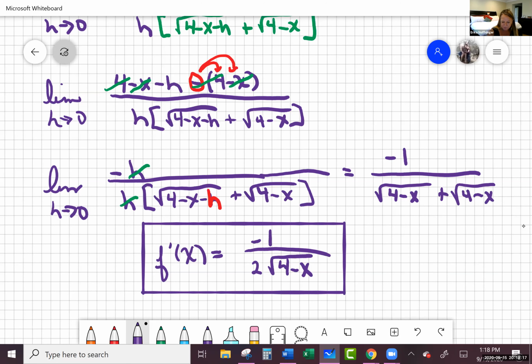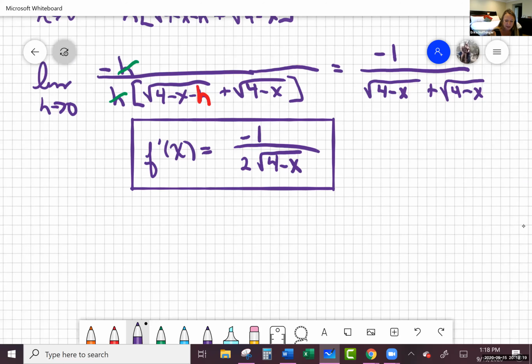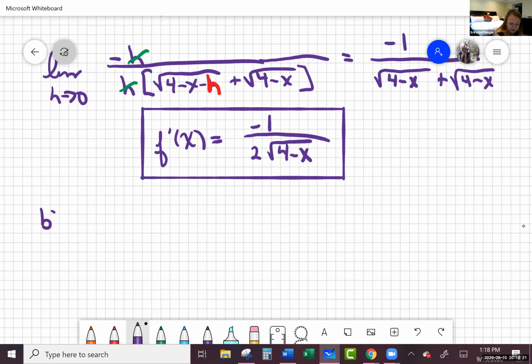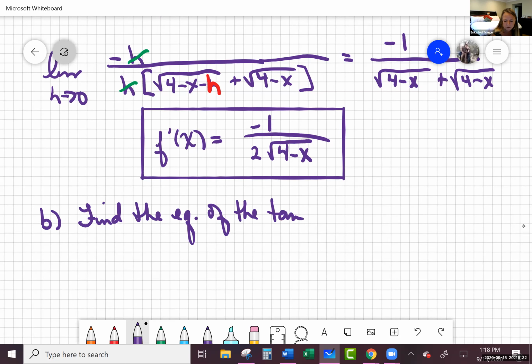So part B, find the equation of the tangent line when x is equal to 3.